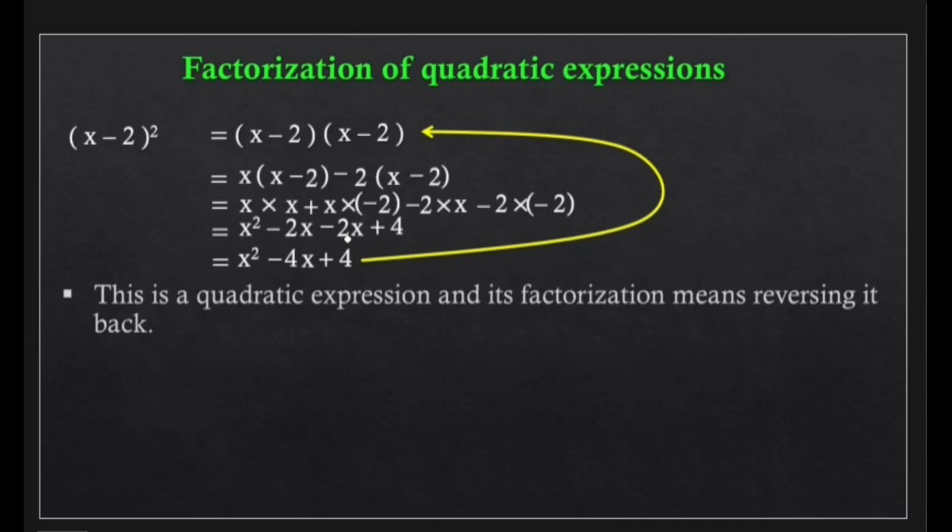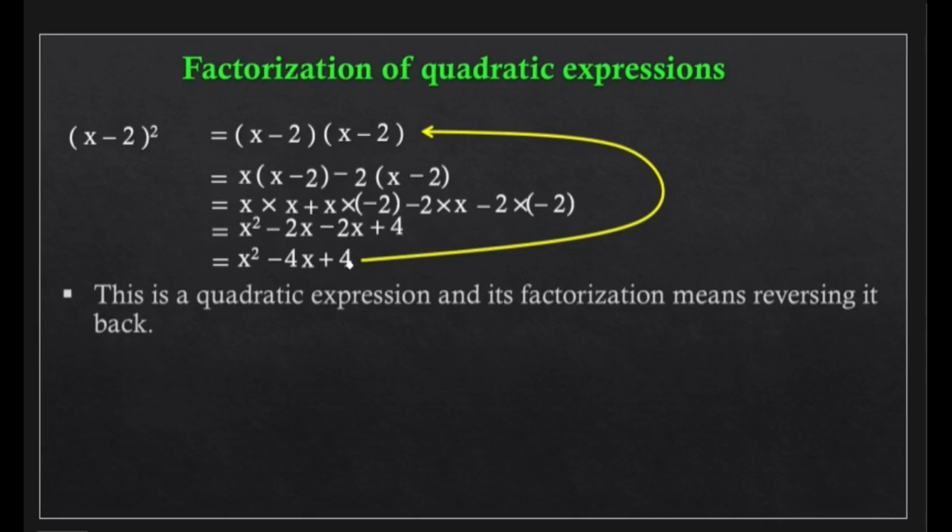And also the last term here, 4. What made it possible for us to have this positive 4 was the multiplication of the second term in the first expression with the second term in the second expression. So negative 2 times negative 2 is what got us positive 4.